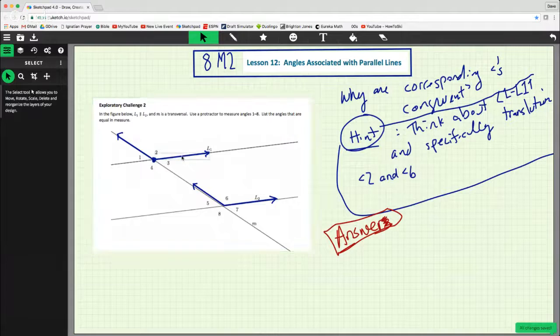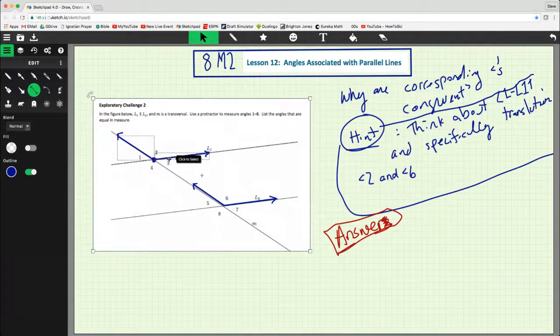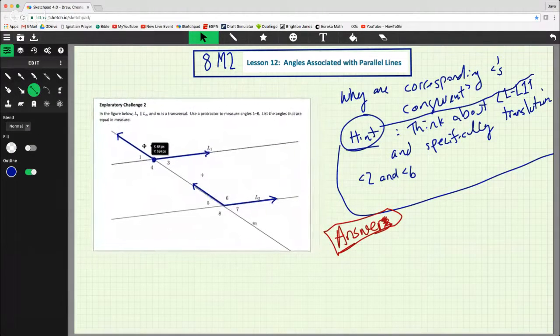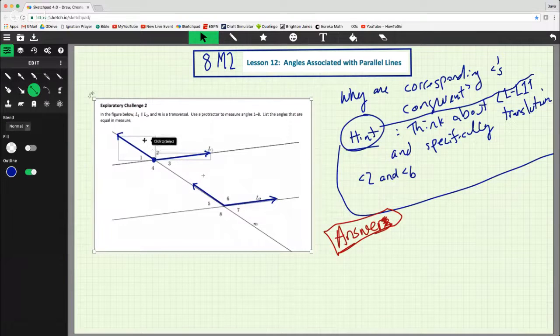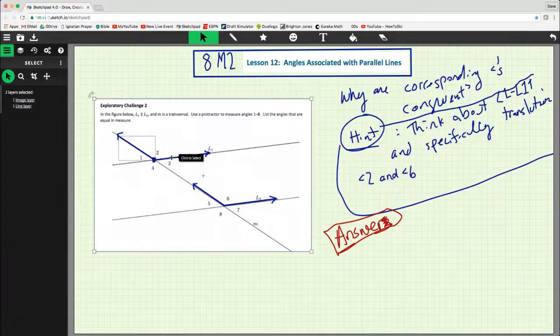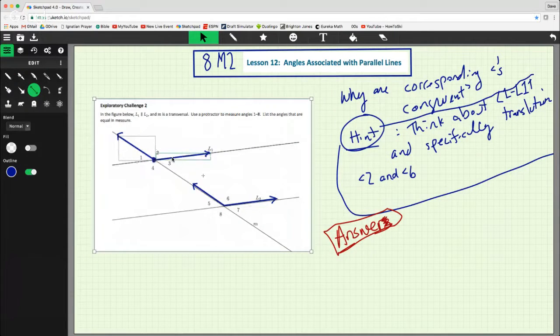Let's try it one more time. So if I just take this angle and I translate it down, dang it, it's not letting me select it. I'm going to try one last time. Nope, won't let me select it.